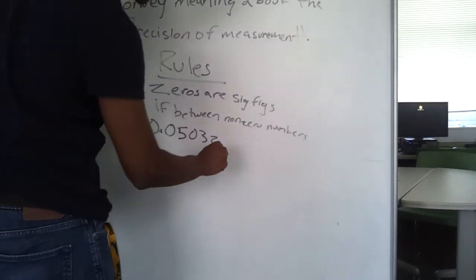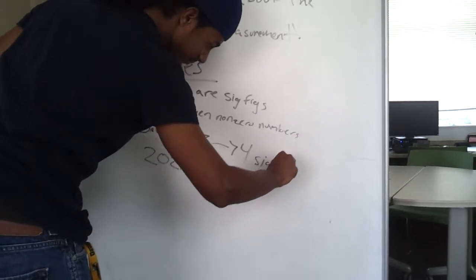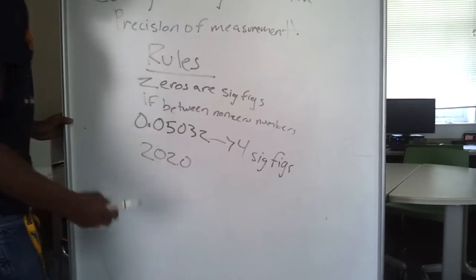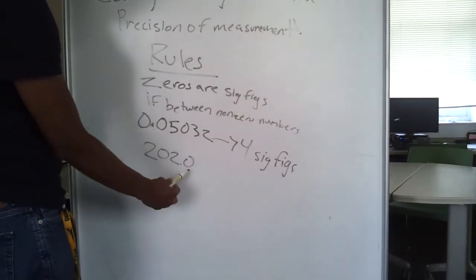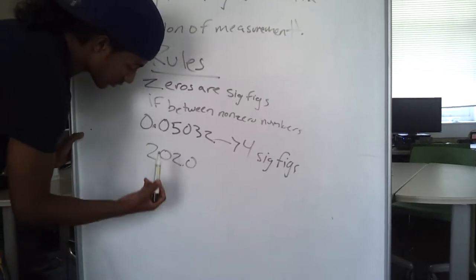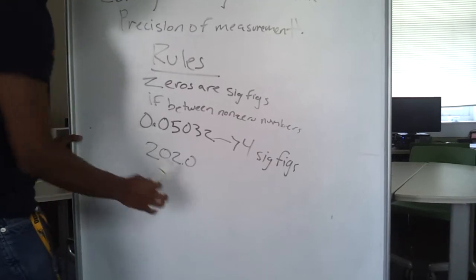So this one will have 4 significant figures. In our previous example, we'll have 4 significant figures because the 0 follows the non-zero number. So we'll count the 2, the 0 in between these two values, the 2, and then this other 0 that follows.